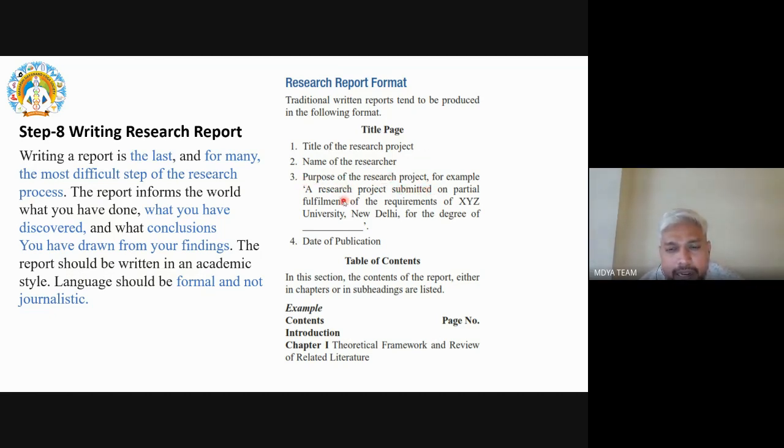For example, a research project submitted in partial fulfillment of the requirement of XYZ university. Date of publication should be there. Then next will come the table of contents.